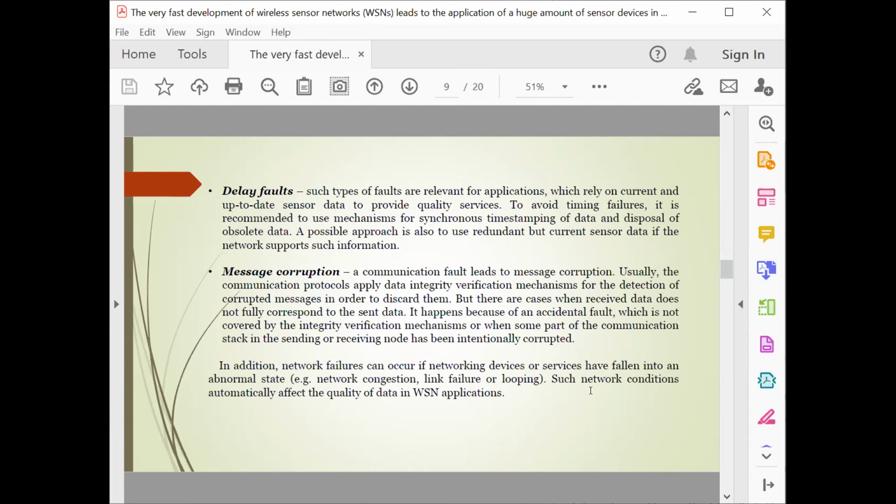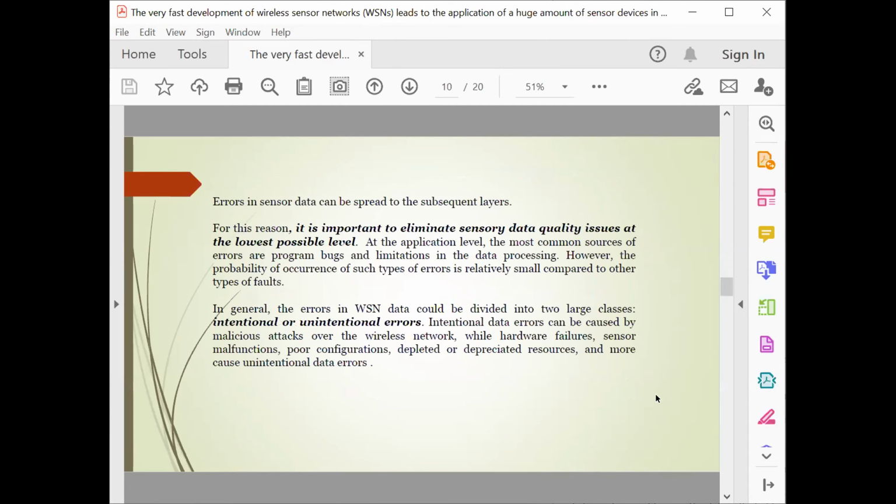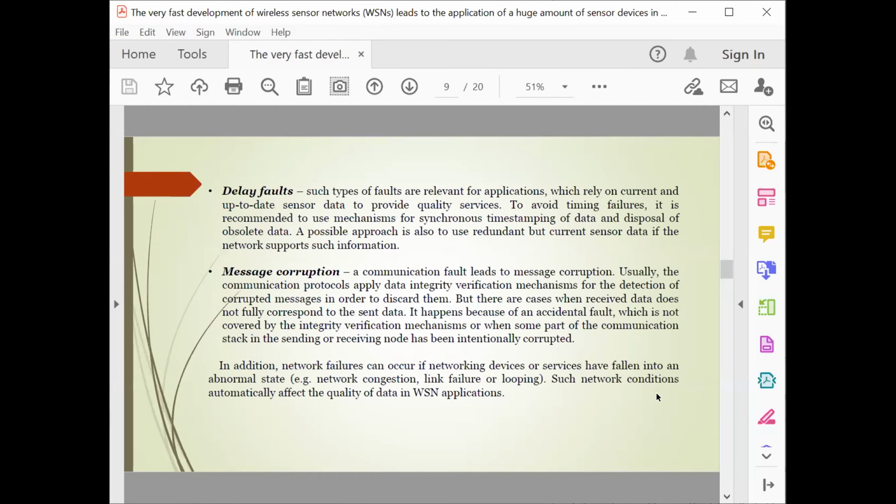Also, delay faults, which rely on current and up-to-date sensor data that provide quality services, and message corruption, when some communication fault leads to corruption between different sensors or between sensor and application.